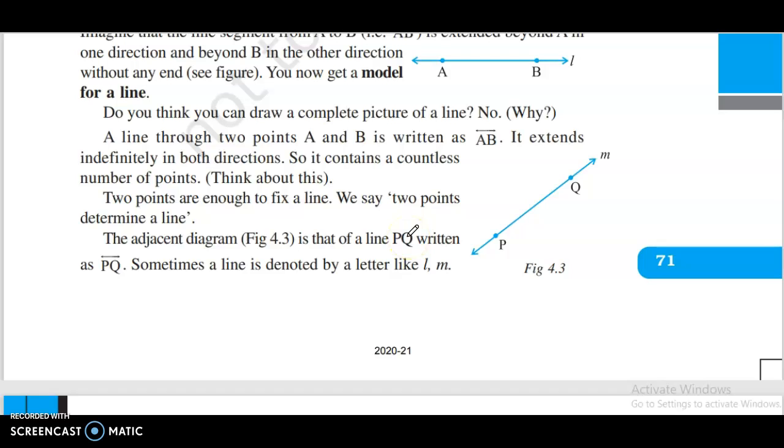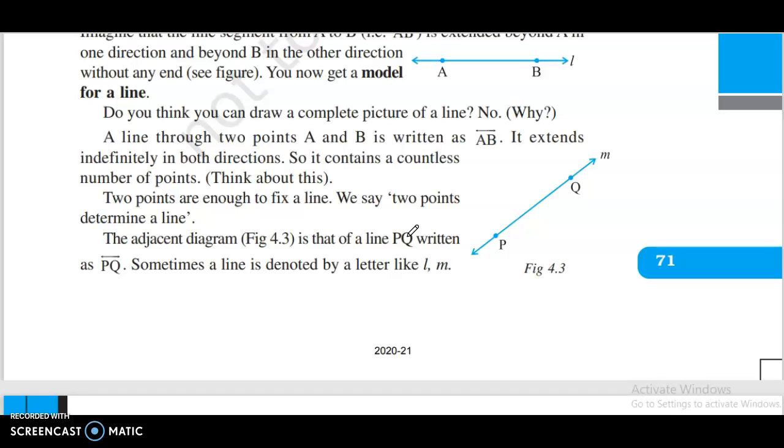No. A line through two points A and B is written AB. It extends indefinitely in both directions, so it contains a countless number of points.